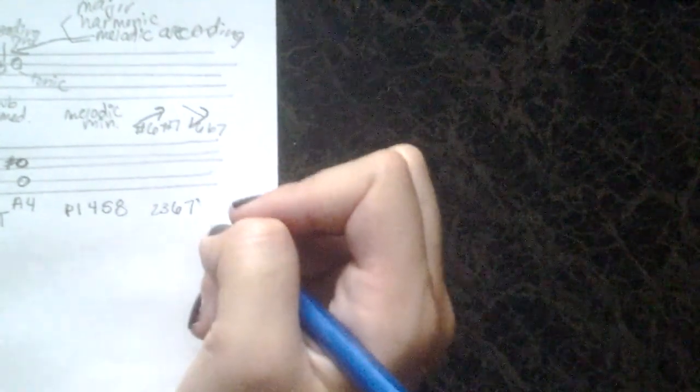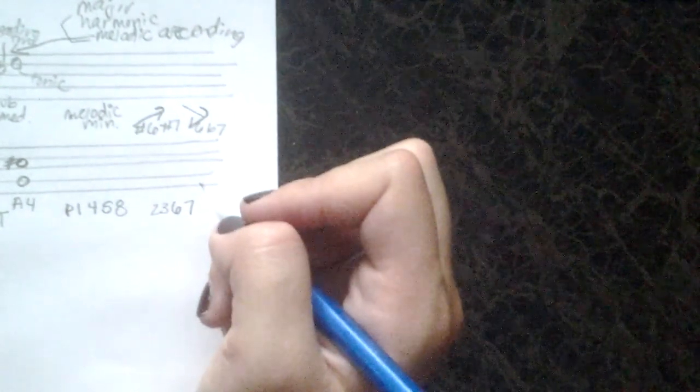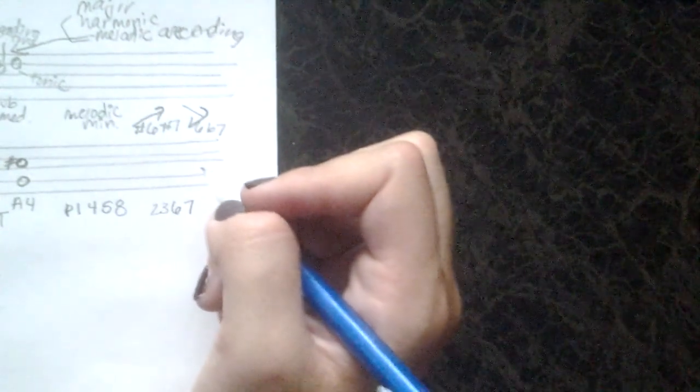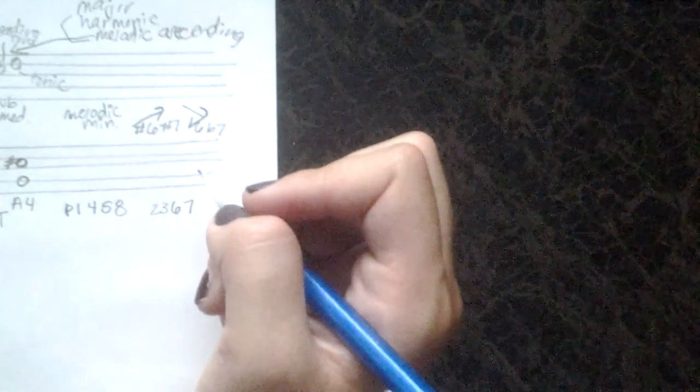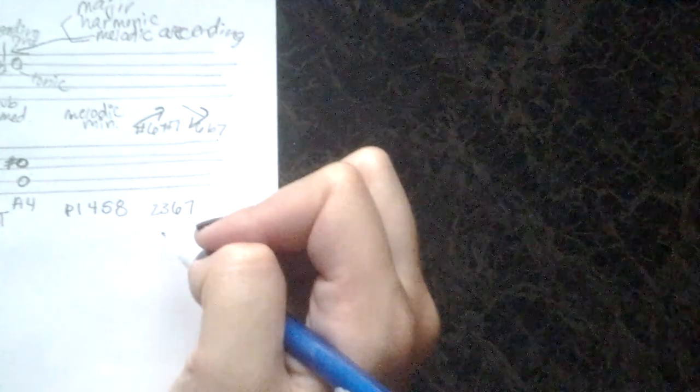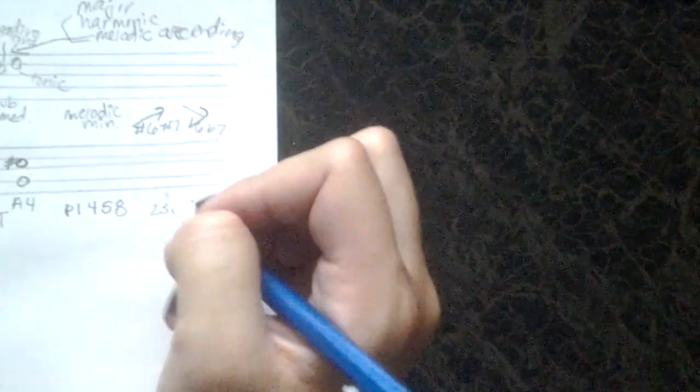Otherwise, if you have a 2nd, 3rd, 6th, or 7th, and it's lowered, it means it's going to be minor, or it's major if it fits within the key, or it's augmented if it's higher than a major, and then it's diminished if it's lowered twice.